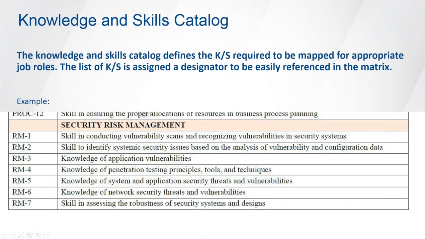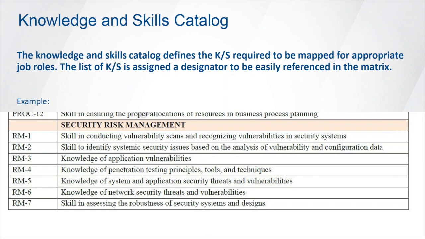And so first, someone in this kind of role, security risk management, needs to have a skill in conducting vulnerability scans, needs skill in identifying systemic security issues, etc. They need knowledge of applications, knowledge of penetration, and so on. So all of these things are broken down. If a person possesses all of this skill and all of this knowledge, then they are appropriate to that role. But we break it down even further. I'll show you what we mean by that.